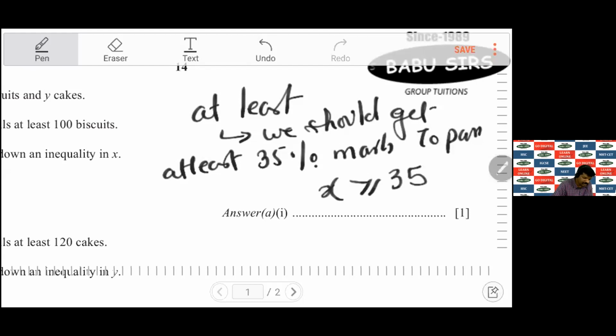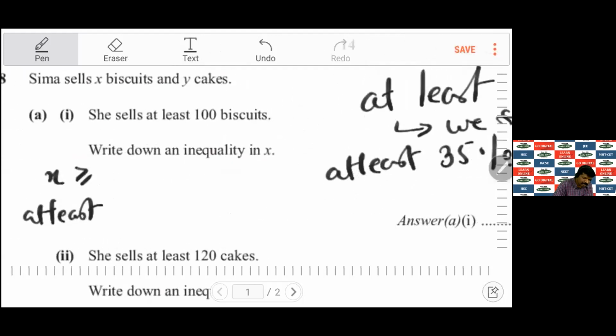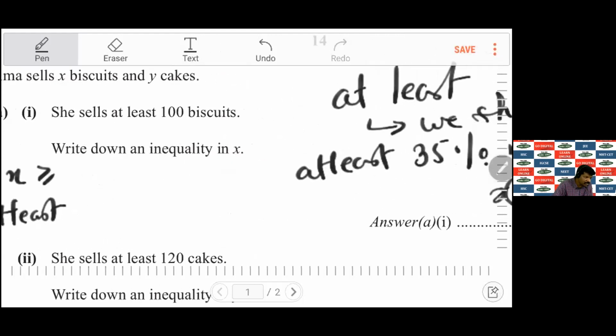This is the passing percentage. So here Seema has to get at least 100 biscuits. So how to write? X is greater than or equal to 100.